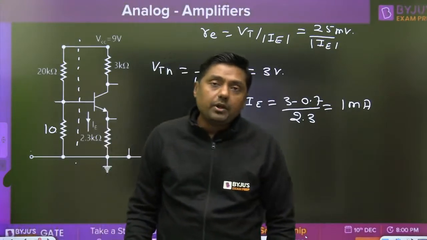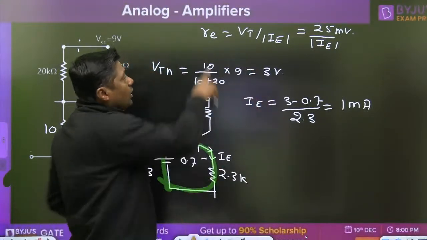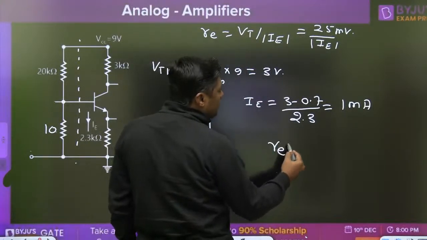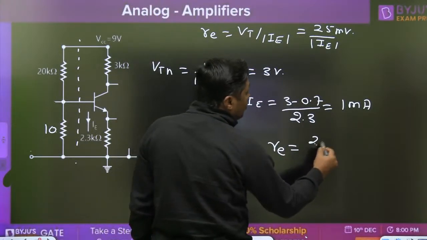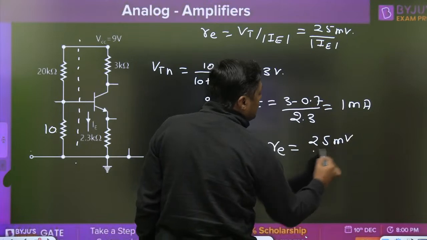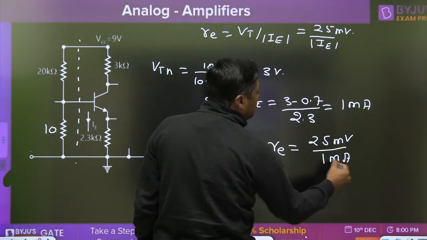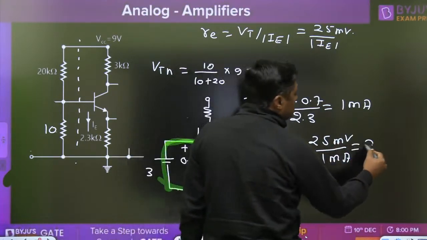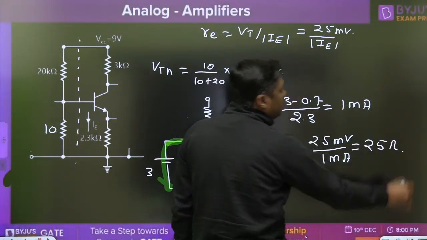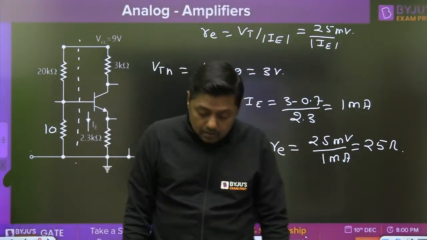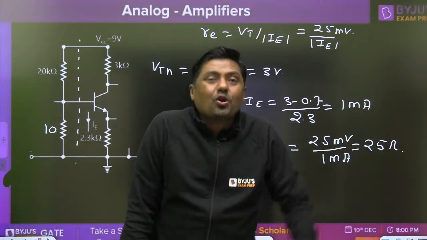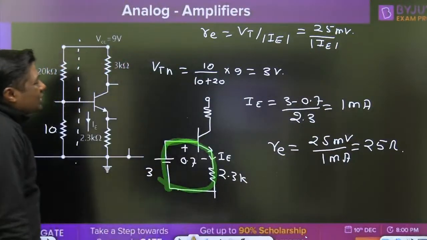Finished? 1 milliampere. So what is the value of small re? 25 millivolt divided by 1 milliampere, milli cancels, 25 ohm. Now, no need to draw the small signal model.